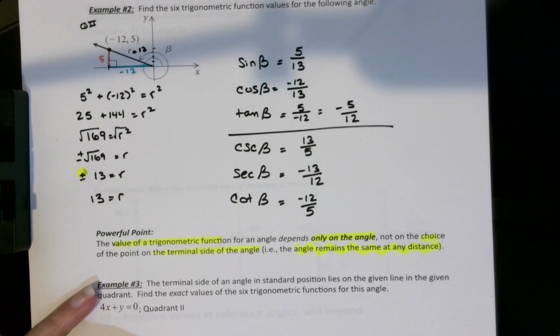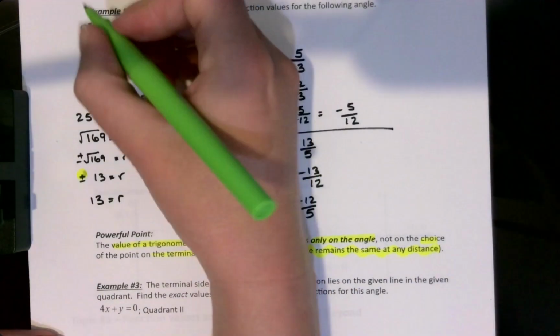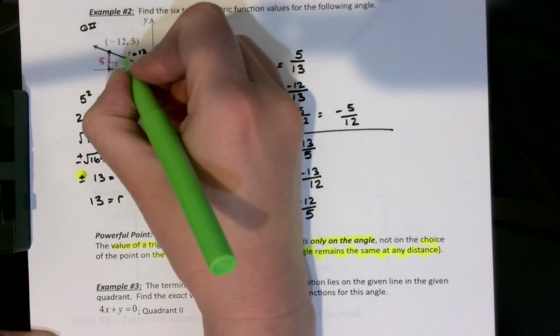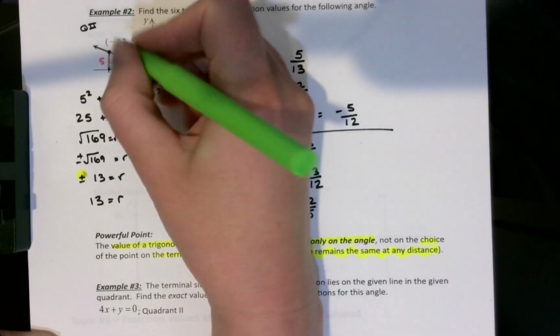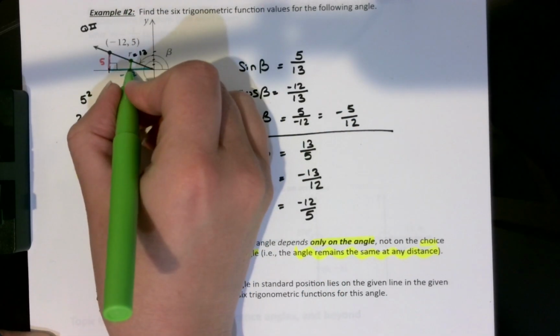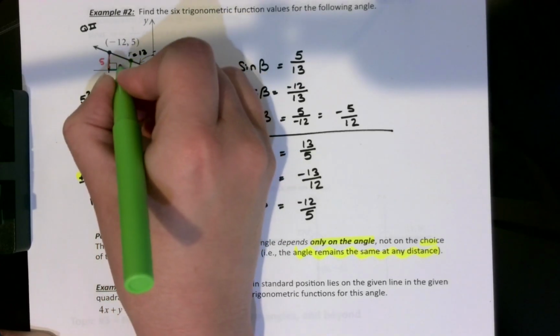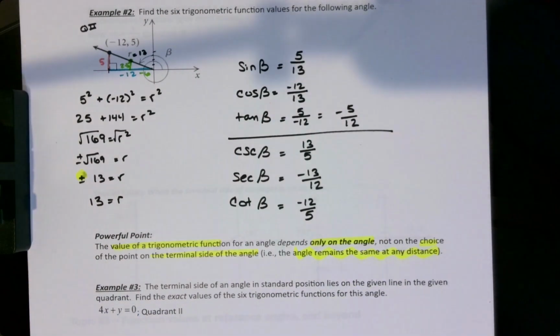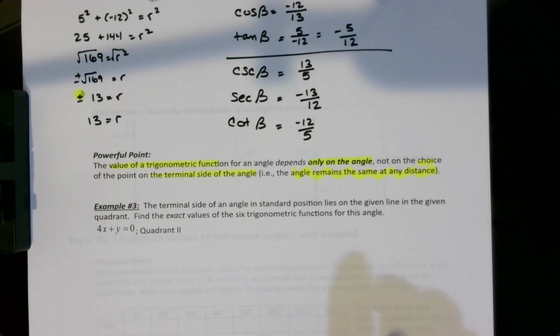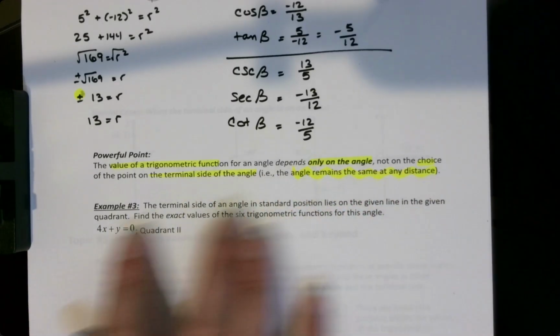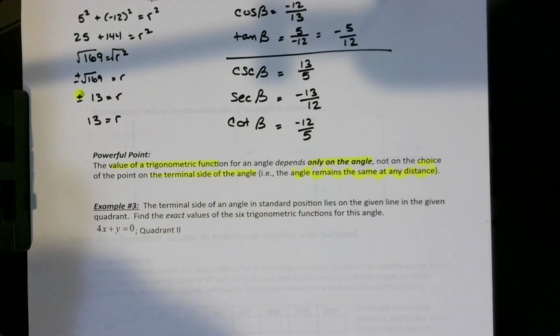So that is to say, if I had found a different ordered pair and made my triangle here and had smaller values, maybe negative 6, 2.5, just a different ordered pair that would fall on that same line, I would have gotten the same exact ratios. And we saw that in an earlier section as well, so we're just kind of expanding on that idea.